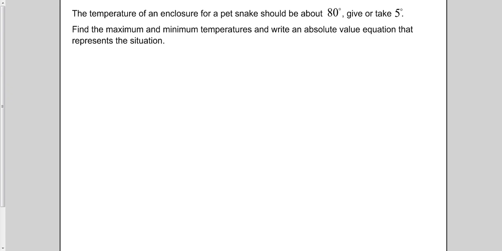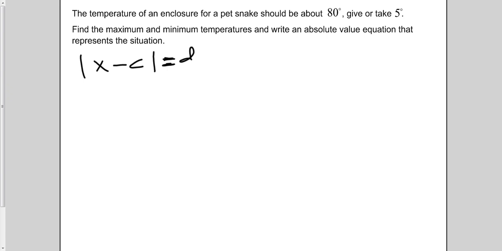Now that we're looking at a word problem, the same types of things apply. We have to look for clues as to what the distance away is and what the central value is. And so if I have the absolute value of x minus c is equal to d, d is going to be how far away from our central value.